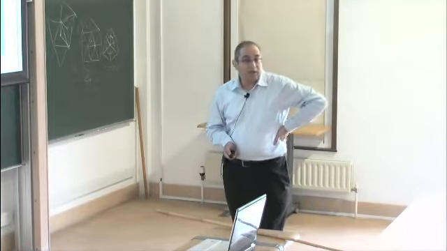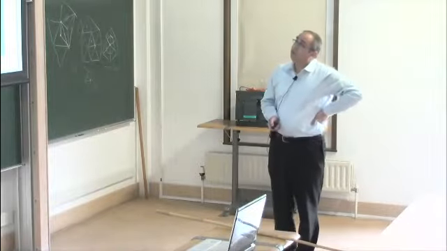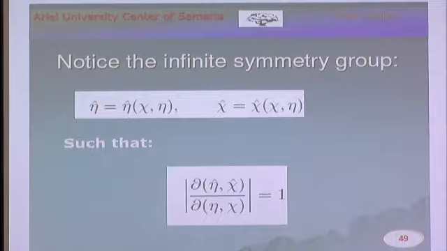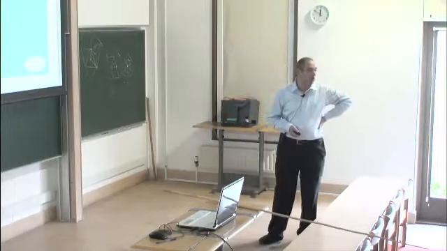Now, let's look at the symmetry structure of this Lagrangian. Notice that chi and eta are not defined uniquely. So I can have a new chi hat and eta hat such that the Jacobian is 1, and then you get a symmetry group of the theory, because the Lagrangian does not change under this transformation.